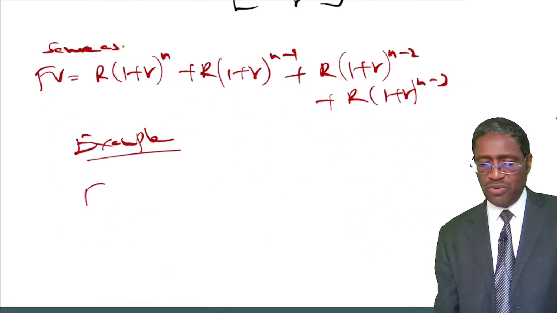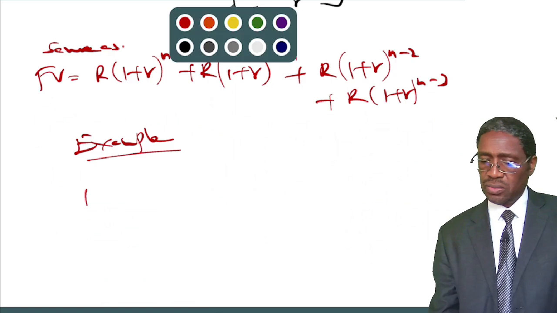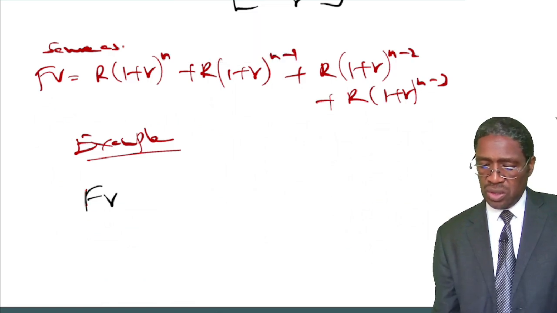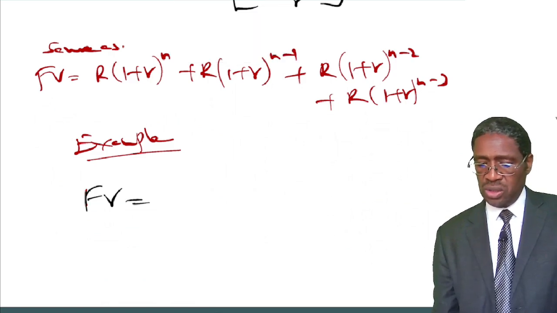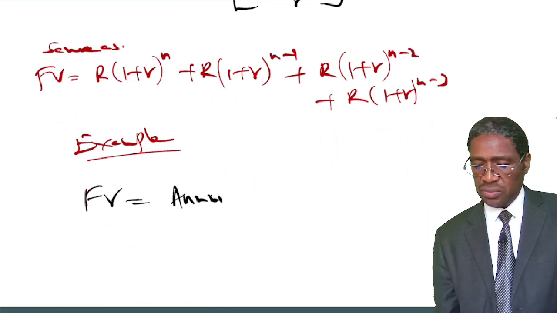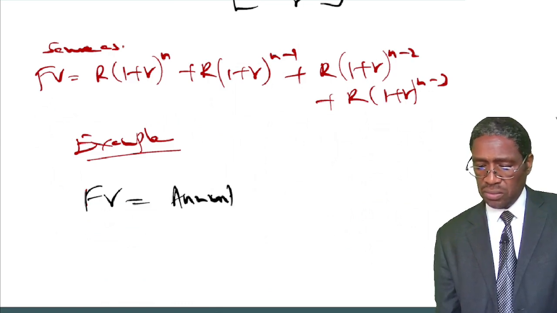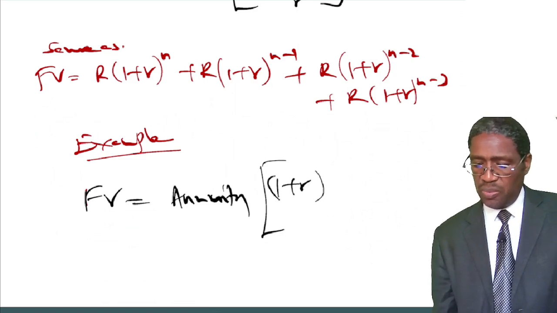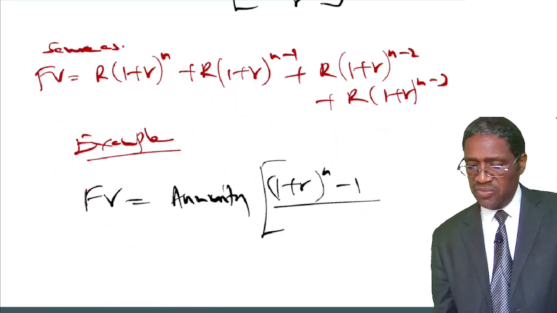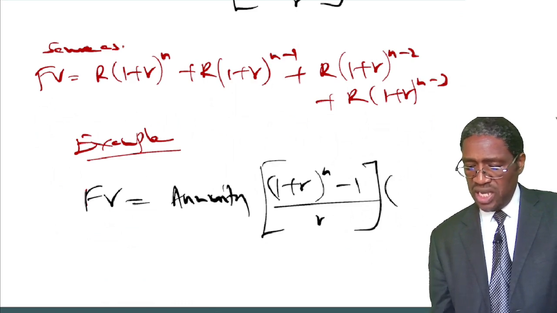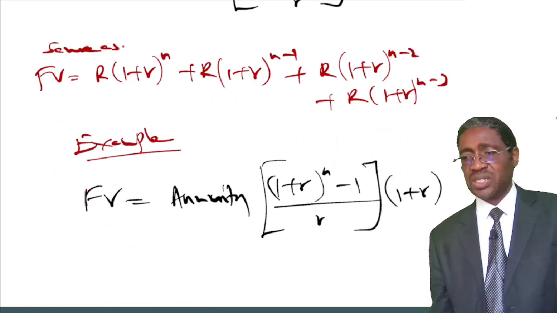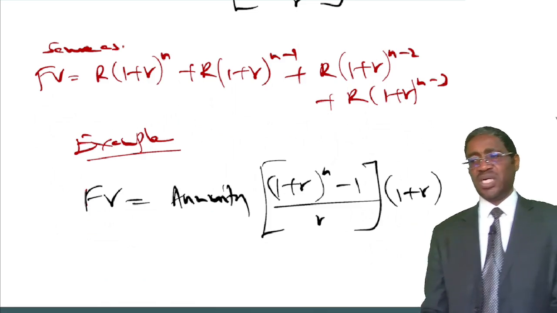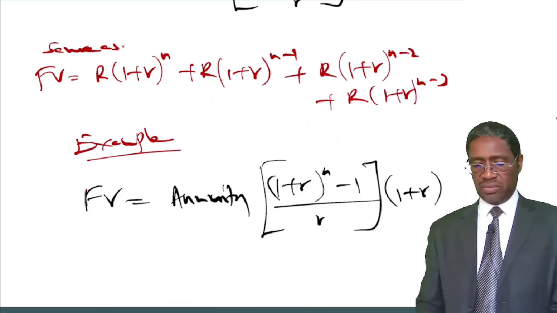So we are saying here future value equals annuity into 1 plus r, the power of n minus 1, divide by r, then everything I multiply by 1 plus r. That is the formula.